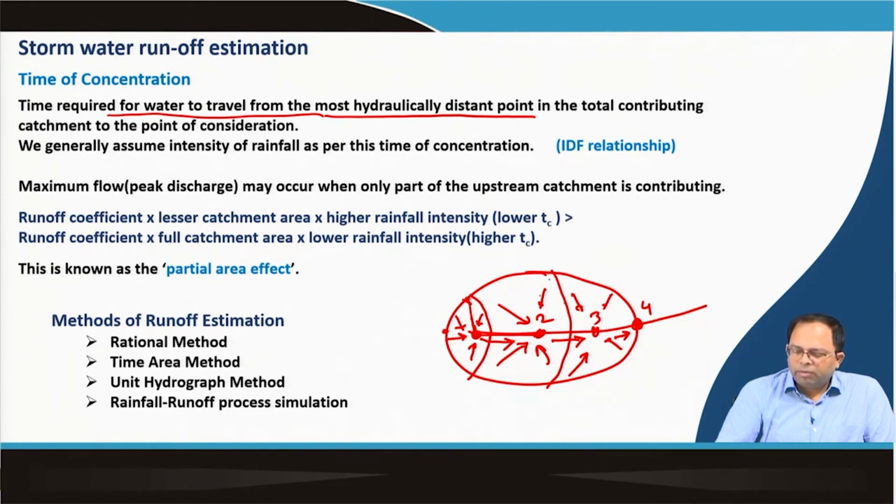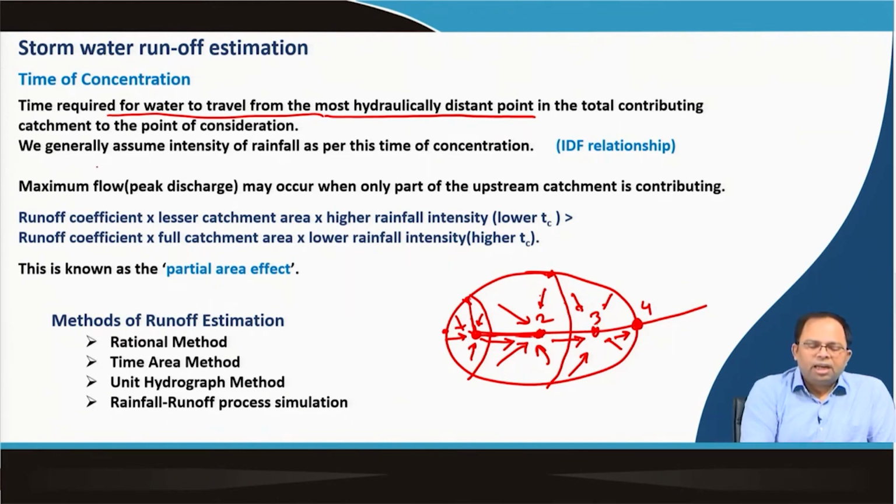There could be water coming from this side which is actually higher, it takes maybe larger time than water traveling from this point to the inlet and then along the drain. So, together, we have to check which one is the highest and consider that as the time of concentration. Same goes for inlet number 3, 4 and so on.